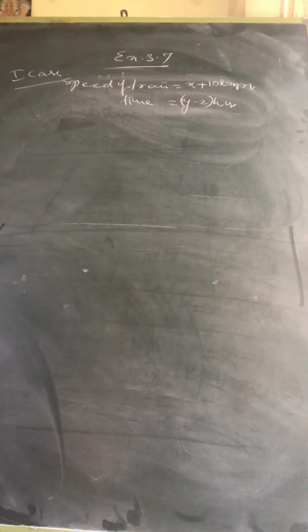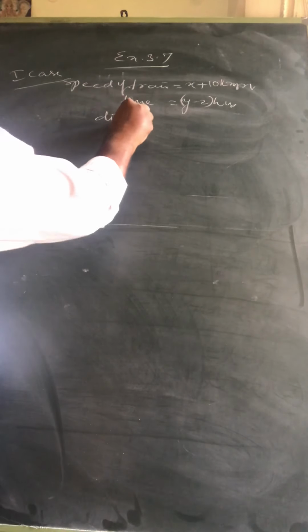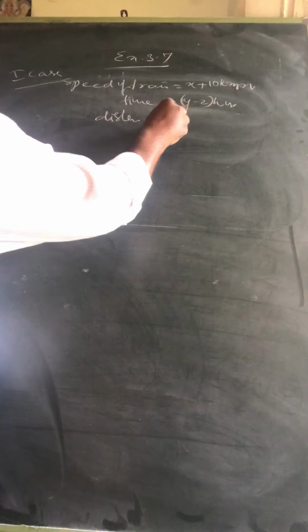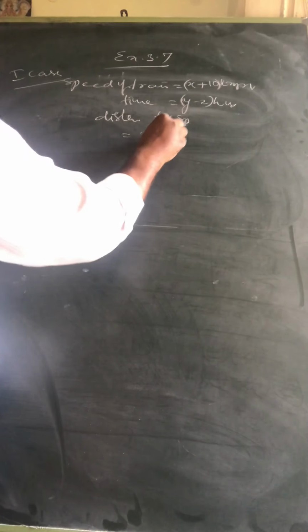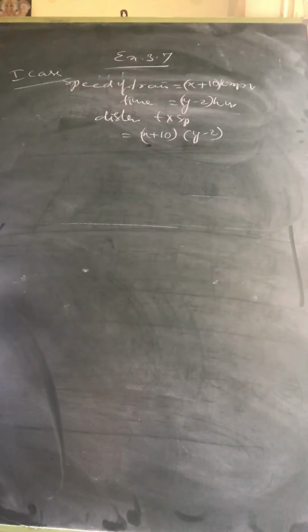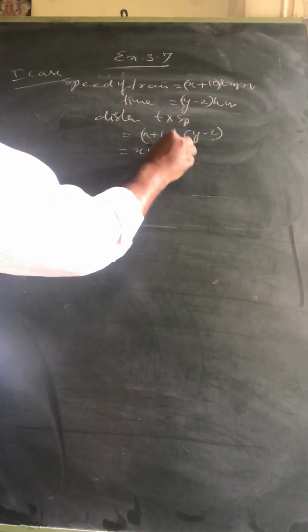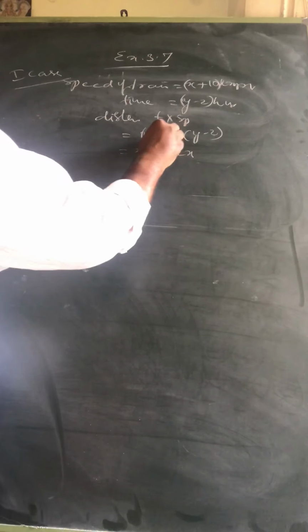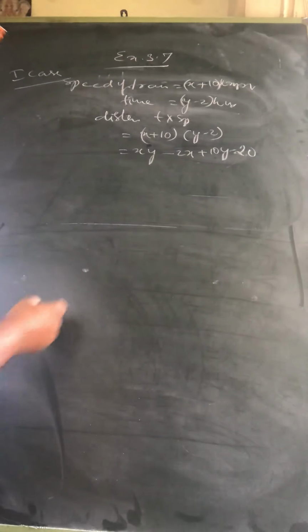Why y minus 2 hours? Because it has taken 2 hours less than the scheduled time. Then distance is equal to how much? Time into speed, that is x plus 10 into y minus 2. Multiplying, we get xy minus 2x plus 10y minus 20.